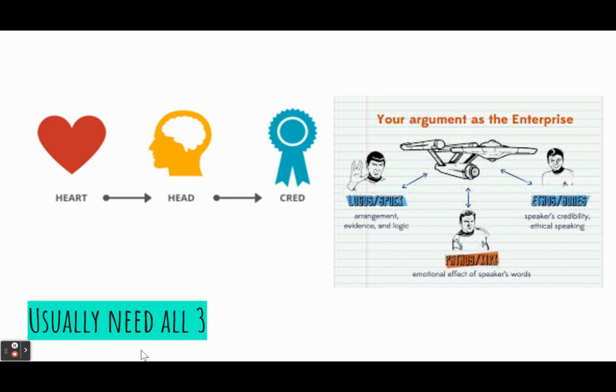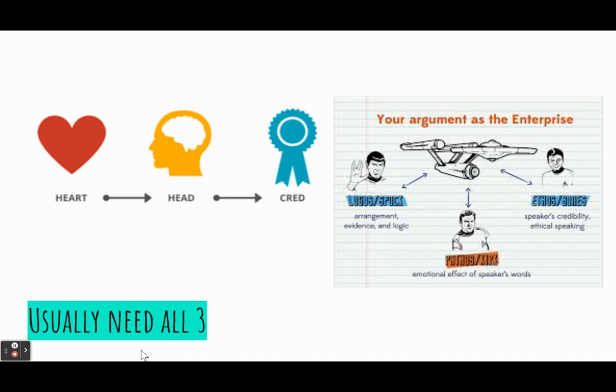I think it's important to understand that you usually need all three. You need logos, you need pathos, and you need your ethos. The whole idea of Star Trek, I think, was Spock's logos, Kirk's pathos, and Dr. McCoy telling them to check themselves.